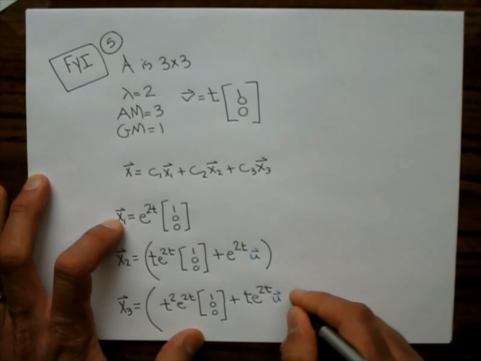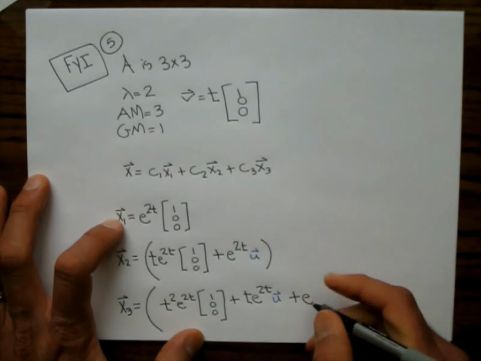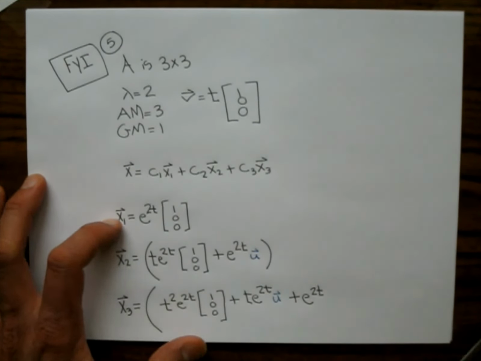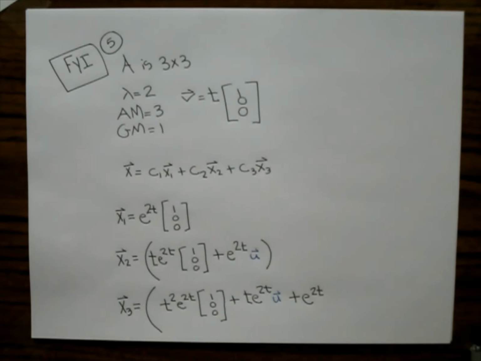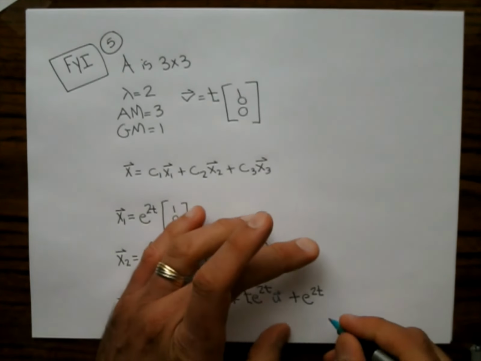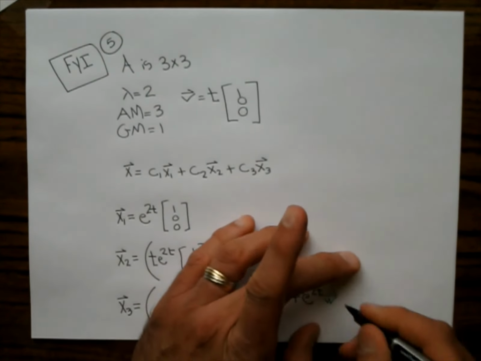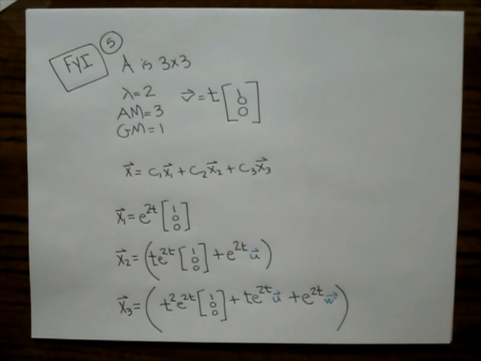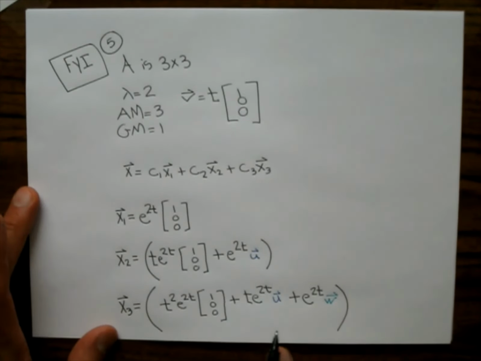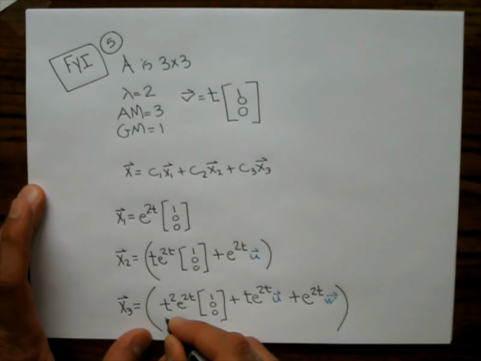And then you would have plus e to the 2t. And now let's pick a color that I haven't used yet. This guy right here, and this is your new W. Now, you might go, whoa, wow, that's cool, that's what I expected. No, actually this is going to be t squared over 2 factorial.